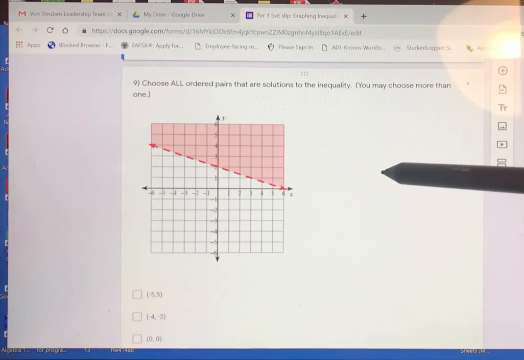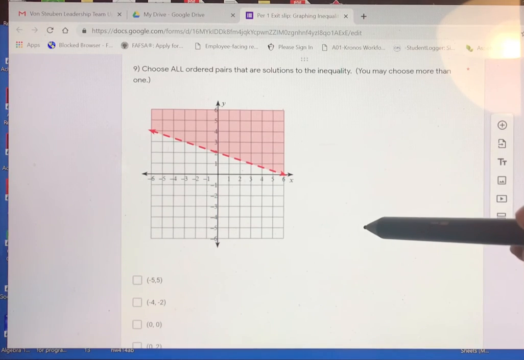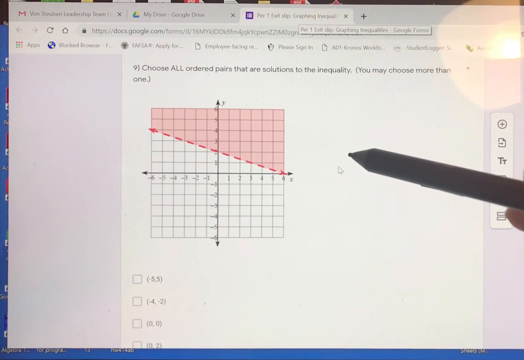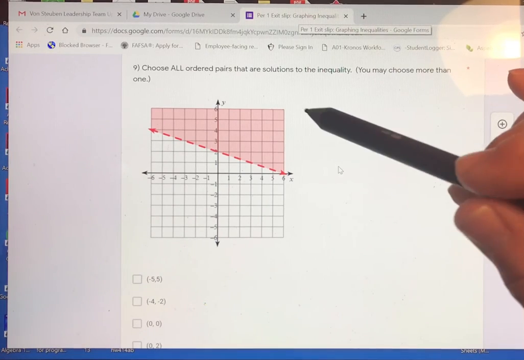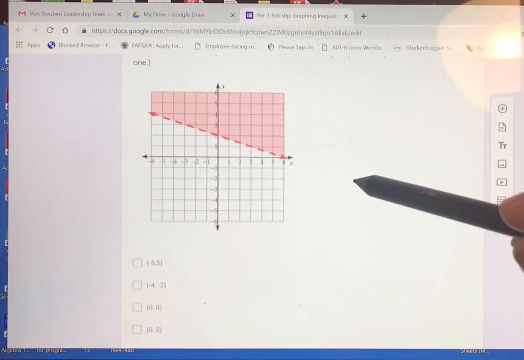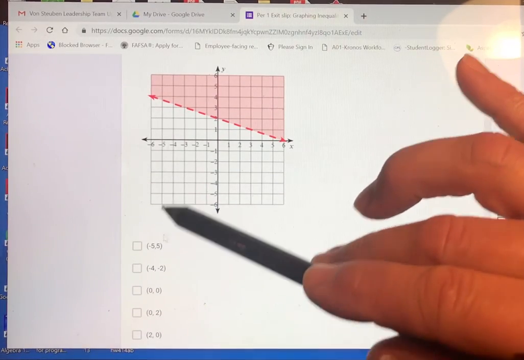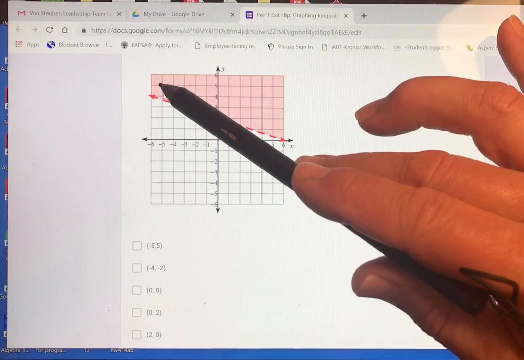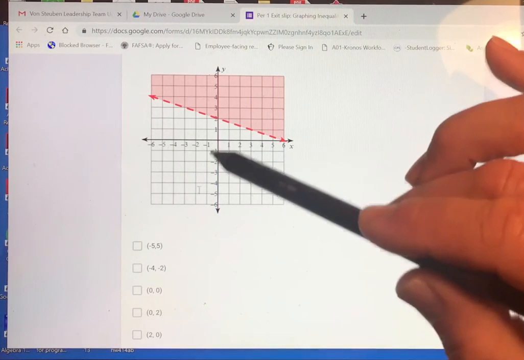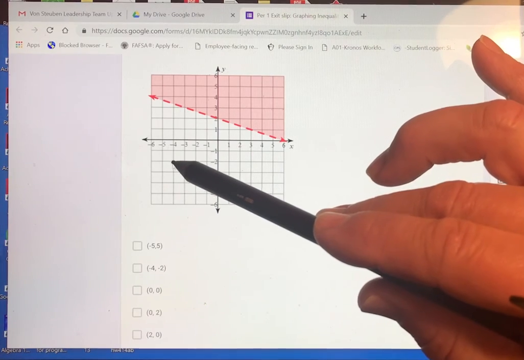Now, number 9, we're supposed to choose all the ordered pairs that are solutions to the inequality. So we're looking for all the points that are in that shaded region. -5, 5 is in the region. -4, -2 would be down in the third quadrant.